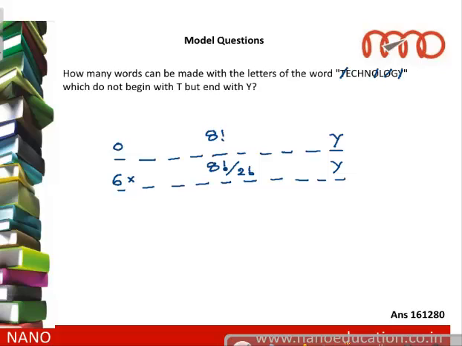You can do that in 8 factorial ways, and no 2 of them are identical. So our answer is going to be 8 factorial plus 6 by 2, which is 3, into 8 factorial, or 4 into 8 factorial, which comes out to 161280.